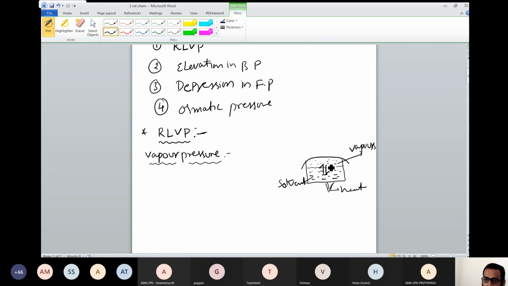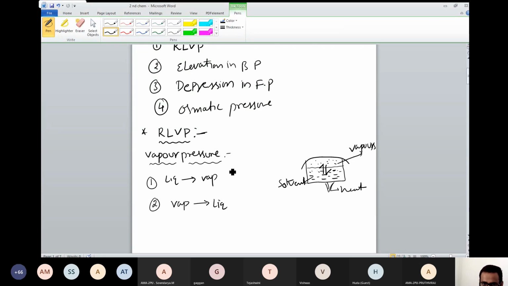So the solvent converted to vapors. Liquid converting to vapor is one process, and vapor converted to liquid is the reverse process. So there are two processes actually.